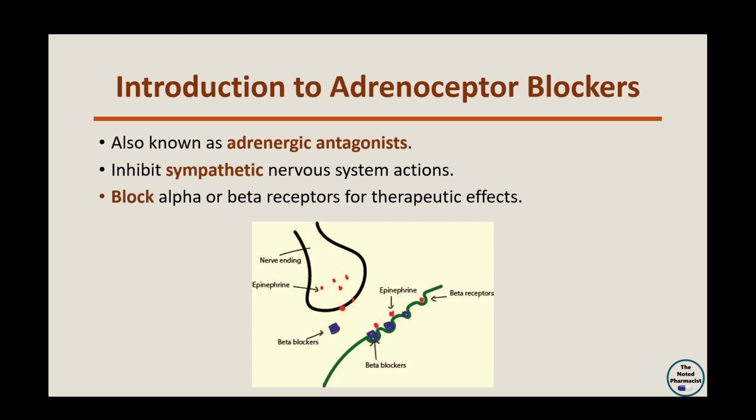Now, let's delve into the introduction of adrenoceptor blockers. Adrenoceptor blockers, also known as adrenergic antagonists, are drugs that inhibit the actions of the sympathetic nervous system by blocking adrenergic receptors. These agents can target either alpha or beta receptors, leading to effects like vasodilation, decreased heart rate, and reduced smooth muscle tone.